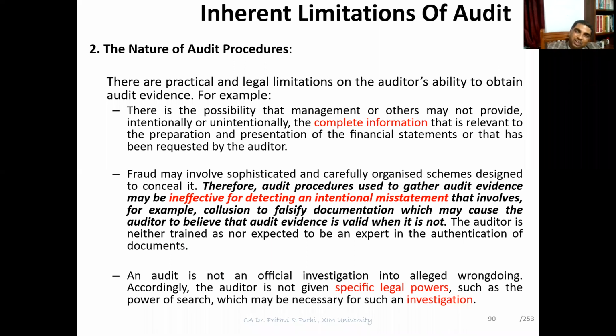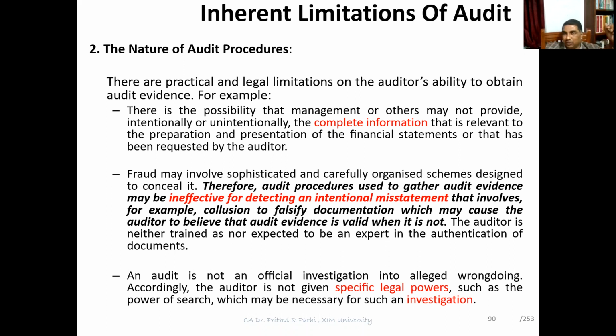And the auditor's normal audit procedure may not be able to detect that fraud. Therefore, audit procedures used to gather audit evidence may be ineffective for detecting an intentional misstatement that involves a fraud.